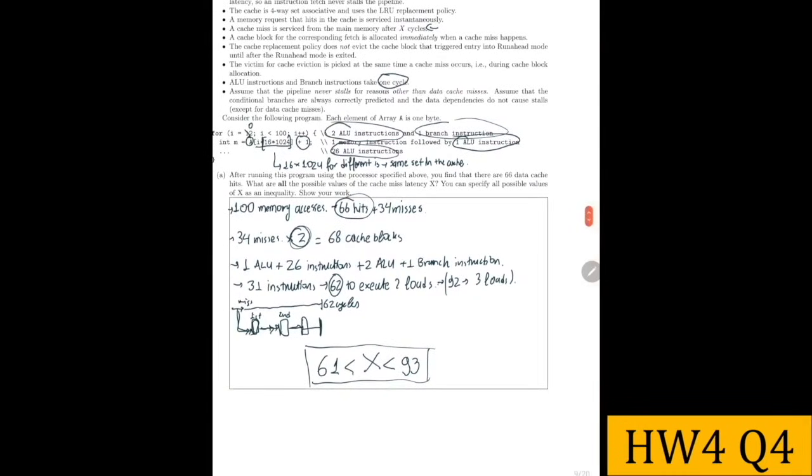And in the case we have 93 cycles, run ahead will have 3 loads, and the number of hits will be different.